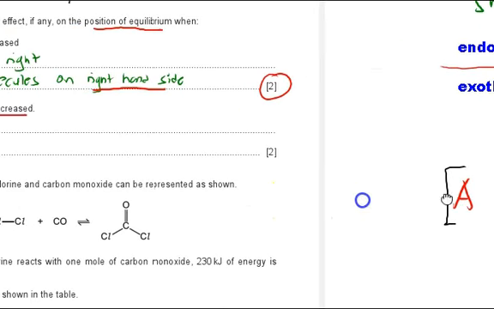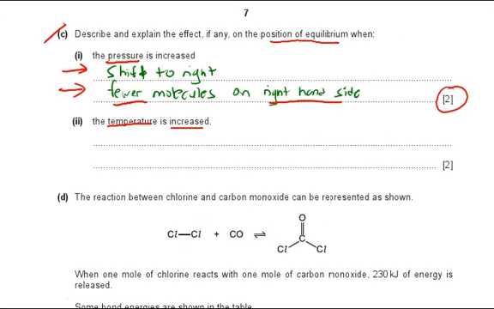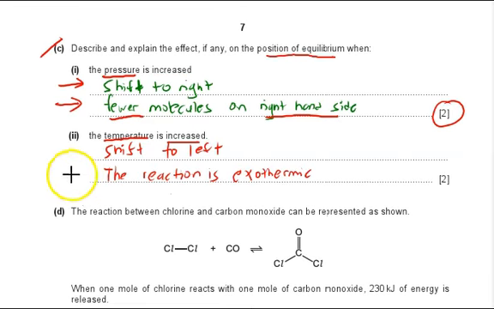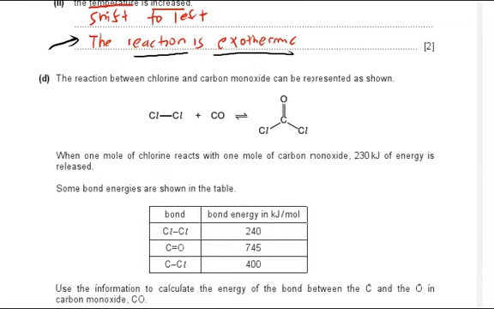So we have to answer here, shift to the left. And for the next one here, you can include that the reaction is exothermic. So now we move on with the next question.